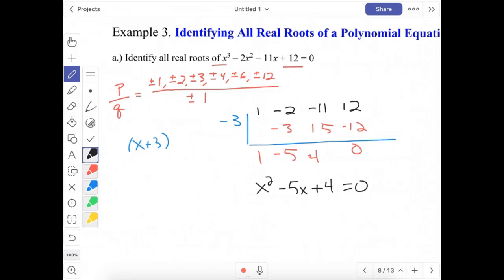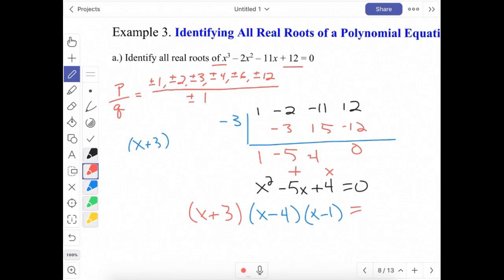So what multiplies to get 4 but adds up to get negative 5? That would be x minus 4 and x minus 1. And don't forget, we still have that factor that we came up with using the rational root theorem.